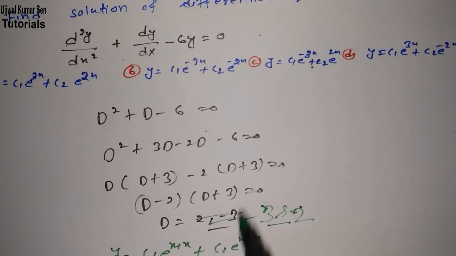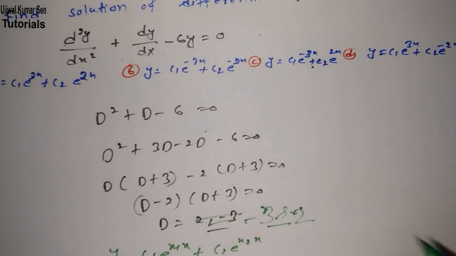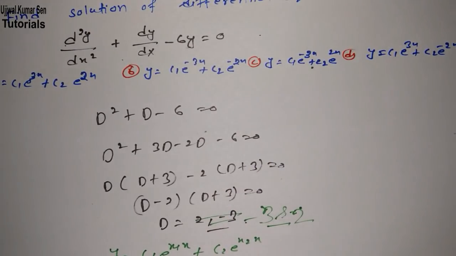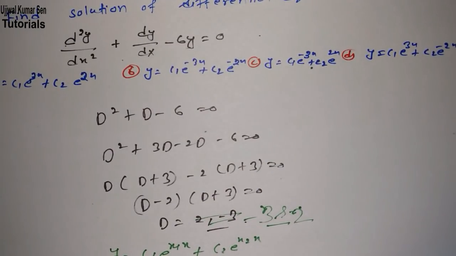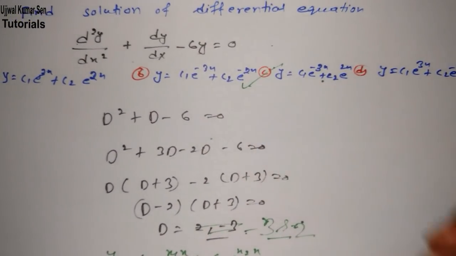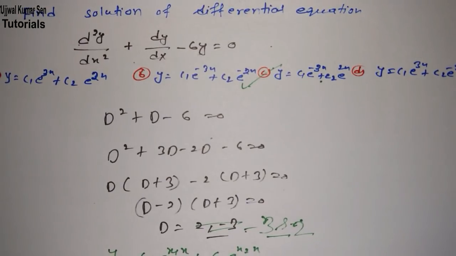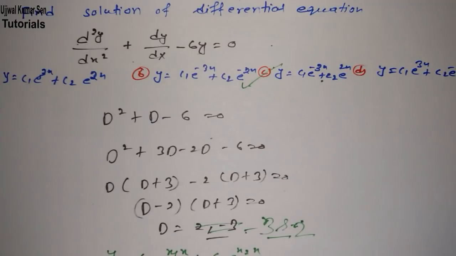Because the answer we got is not matching any of the options, we have to think like that and reverse this: c1 e to the power minus 3x and c2 e to the power 2x. Option C is the right answer as given in this question. So this is how we can solve numerical problems related to it.